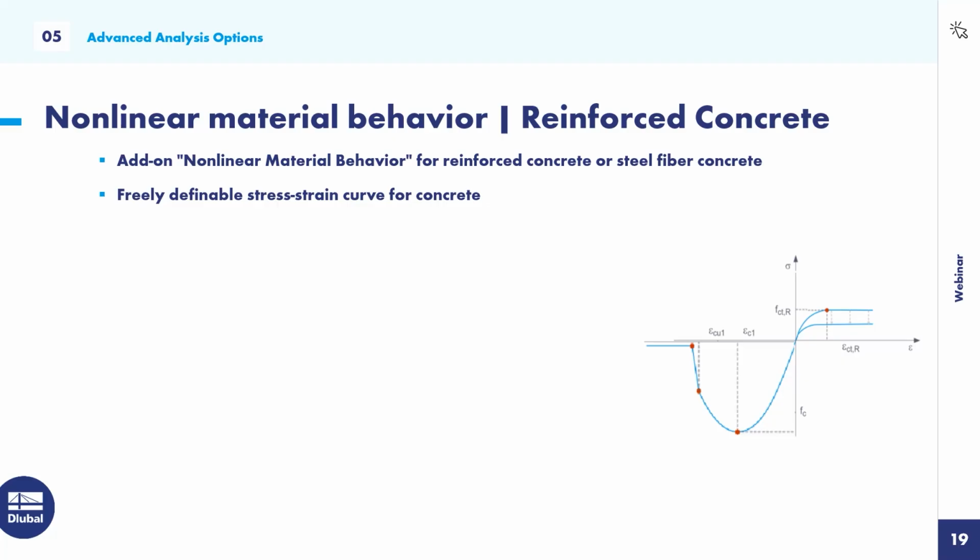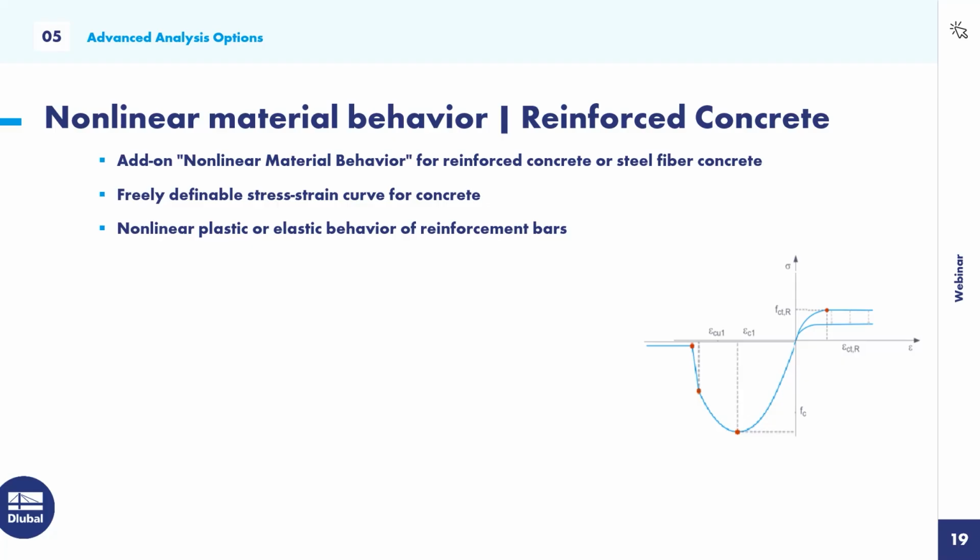In RFEM 5, the stress-strain curves were generated in the background. This was a kind of black box. It was generated by the properties of the strengths, the Young's modulus and the strains, but the user had no possibility to influence it or define his own stress-strain curve.